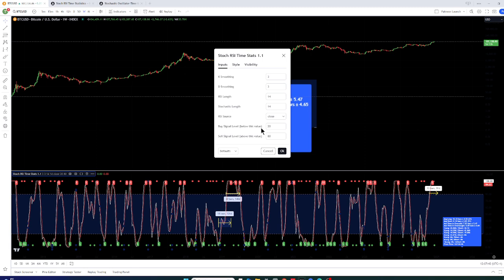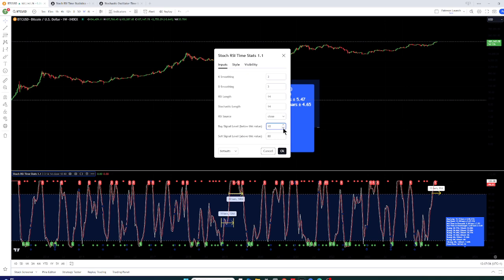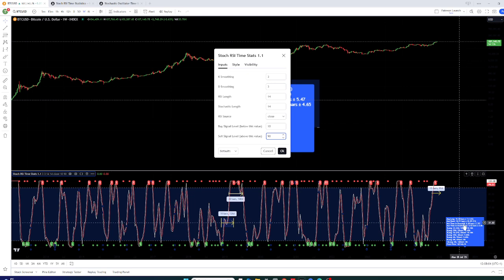So if you want to see the oscillator actually turning down and accounting for downtrends in a more severe, critical area, let's call it 10 percentile for long signals, let's call it 90 percentile for short or sell signals, you'll see that that actually changes the statistics in the text box.